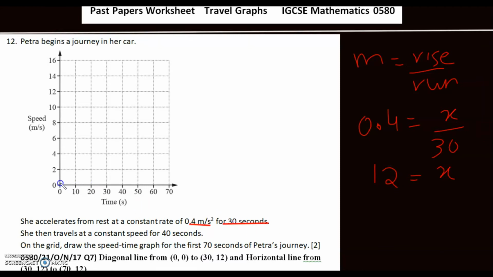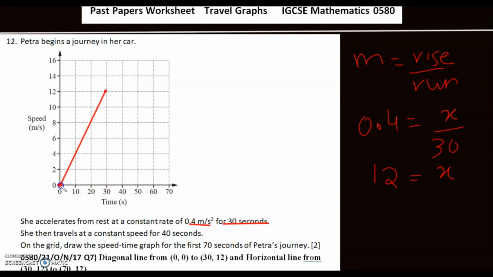So rise is 12 units, run is 30, which means this first line here is telling us to make a straight line from here till here. This line will have a slope of 0.4. So again, a line from here till 30, 12.